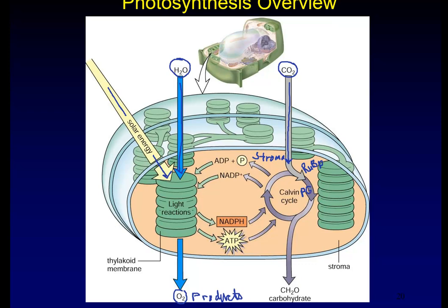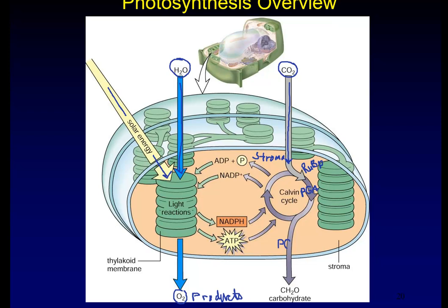There are 2 of these because it gets split in half, so it's actually 2 PGAs. But anyway, after reduction and other reactions, the product that actually comes out of the Calvin cycle is PGAL or G3P.